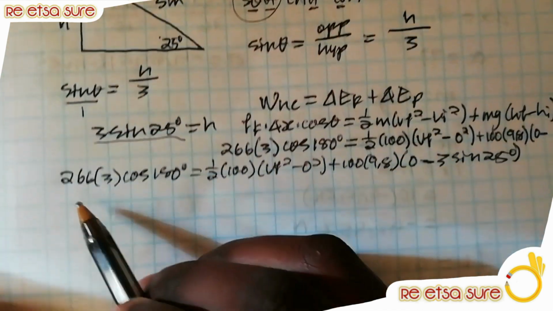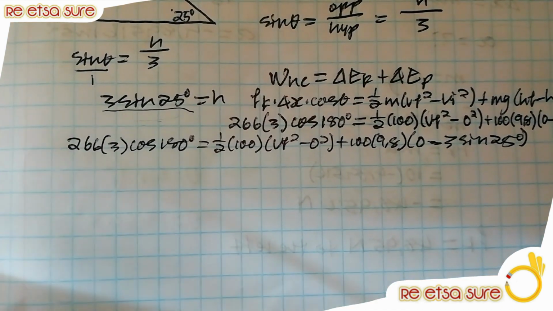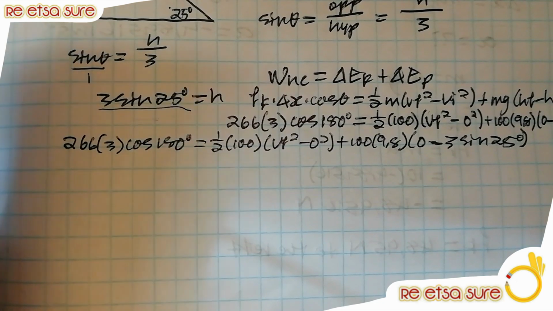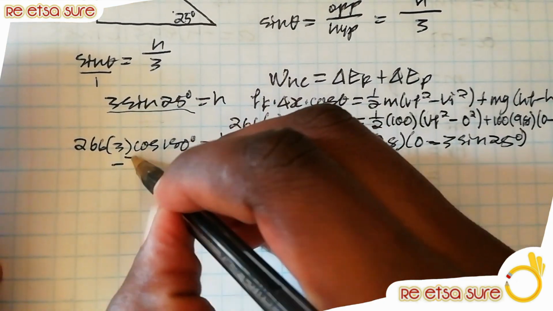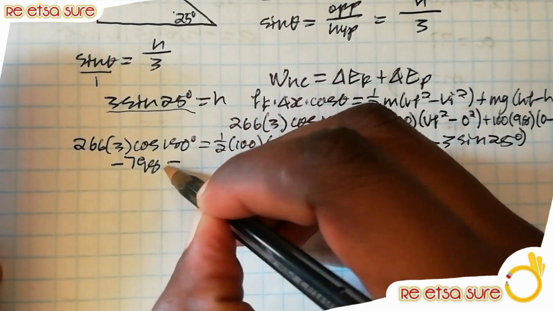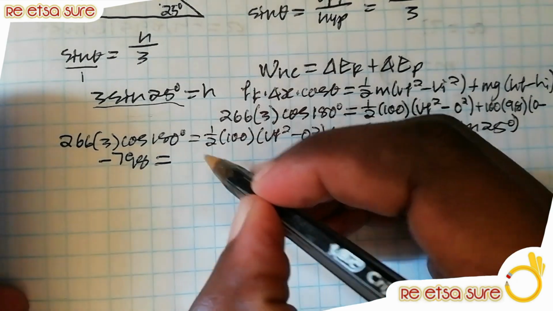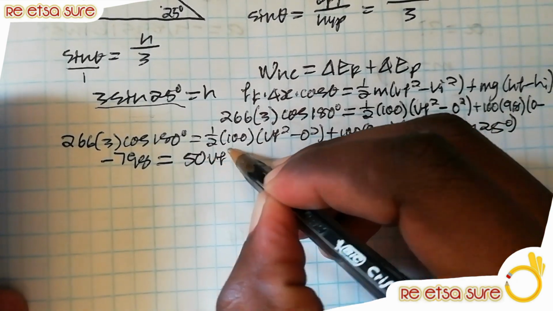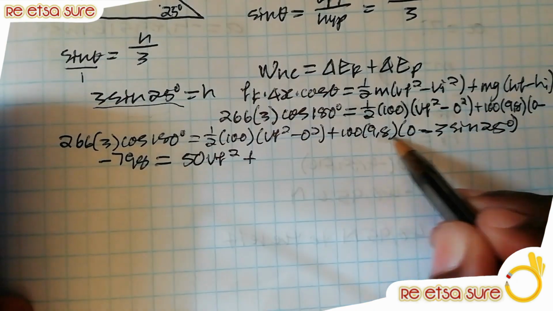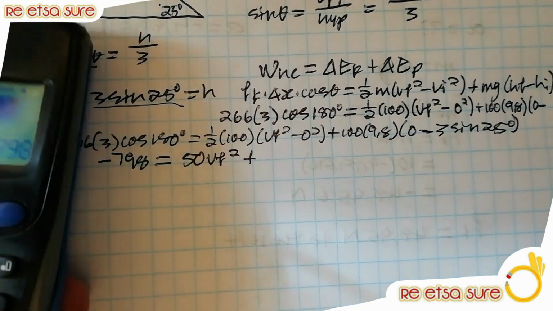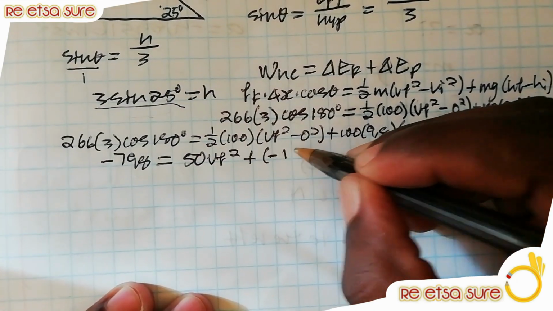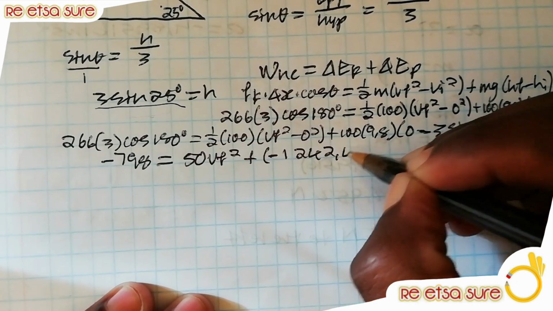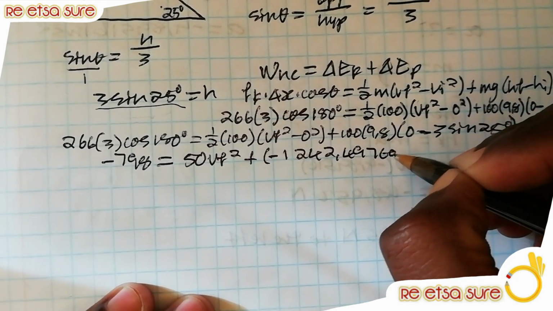Now when we plug this into our calculator, we get cos of 180 is equal to -1, so we have -798 is equal to 100 times half is 50 v final squared plus, when we plug this into our calculator, we get -1242,49769.